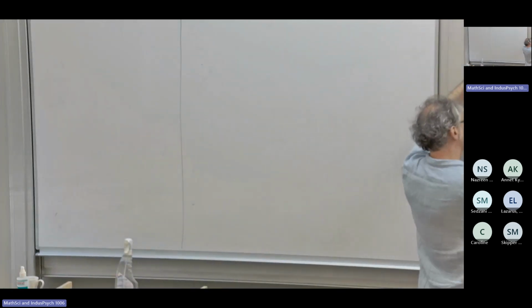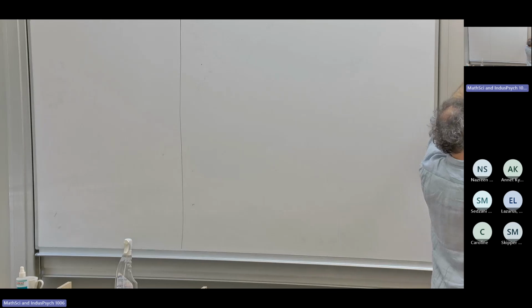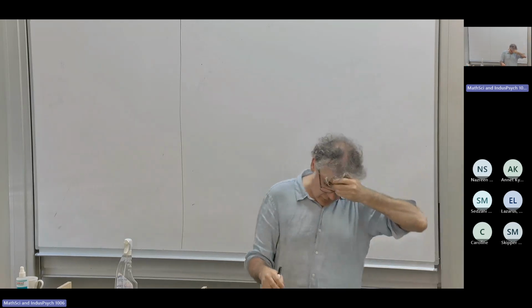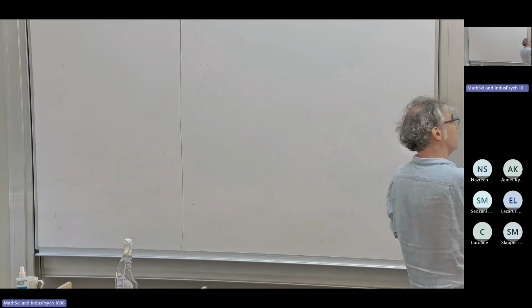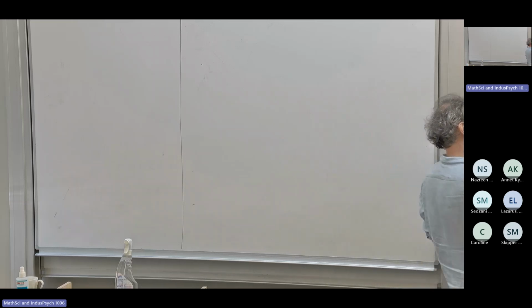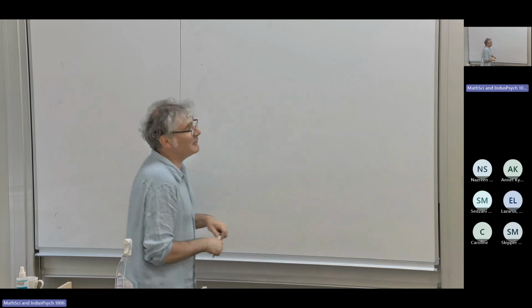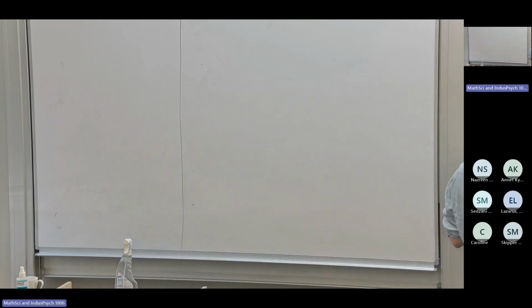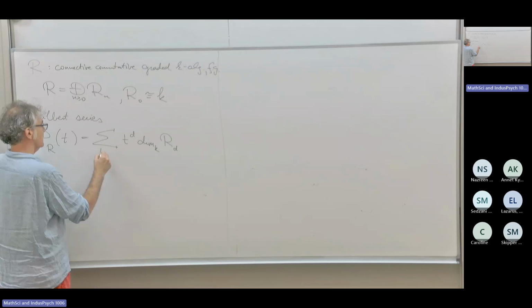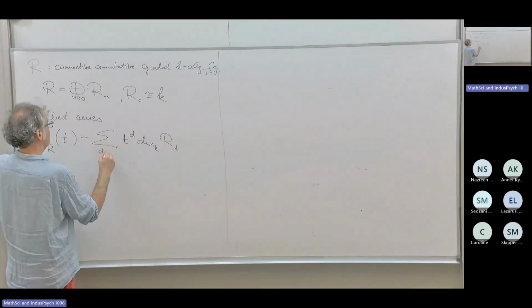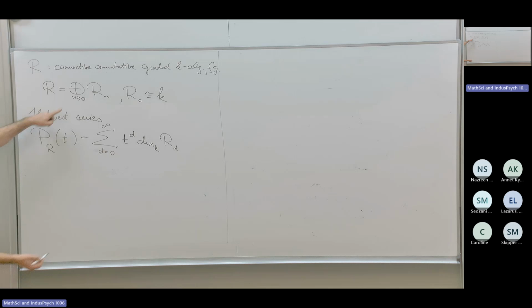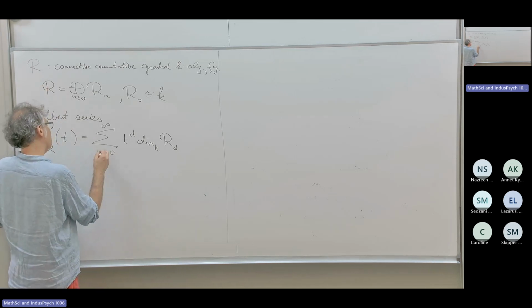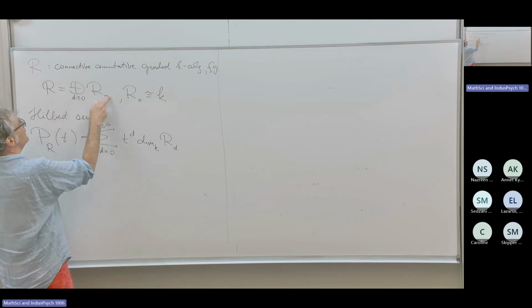And then a very important invariant of this is the Hilbert series. I have developed over many years this unfortunate habit of calling it the Hilbert series, but writing P for Poincaré. But it's the Hilbert series. This is the sum, a formal series, sum of t to the d times the K-dimension of R_d.